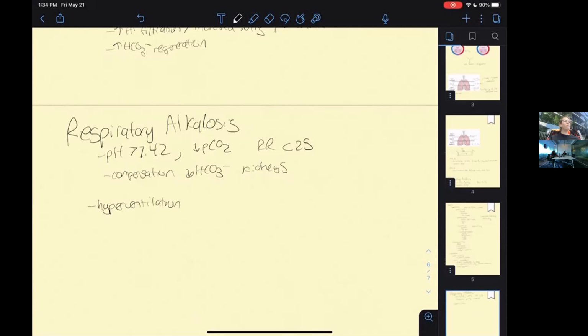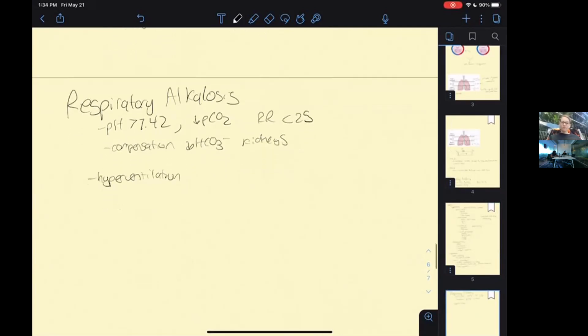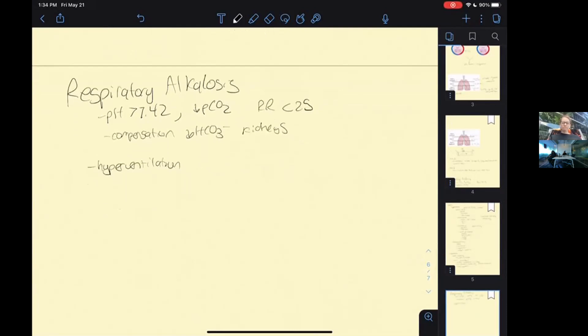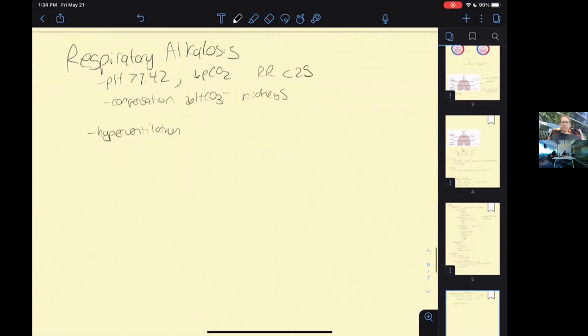Like being on mechanical vent. Yeah, being on a mechanical vent is one reason to do it. But if you just think about physiologically for some things, if you're having like a panic attack or something, you're hyperventilating as well, and it can cause you to go through a respiratory alkalosis if it's that severe. Another reason is high altitude.